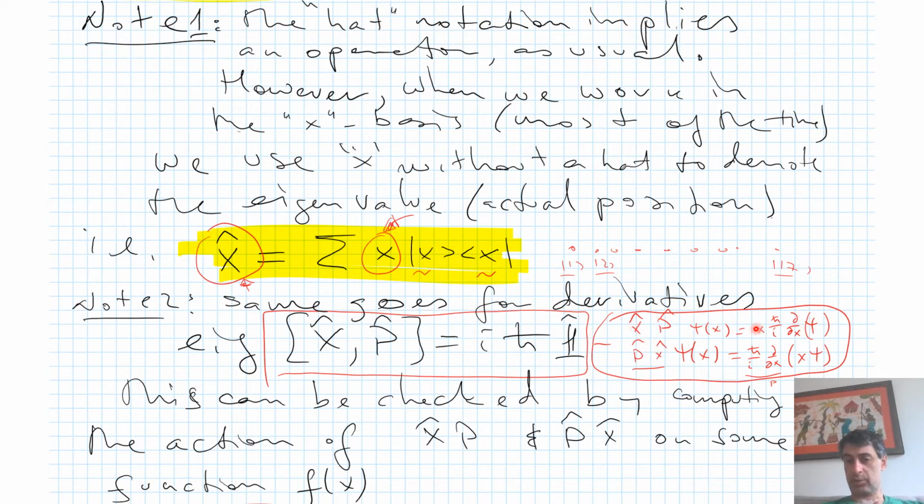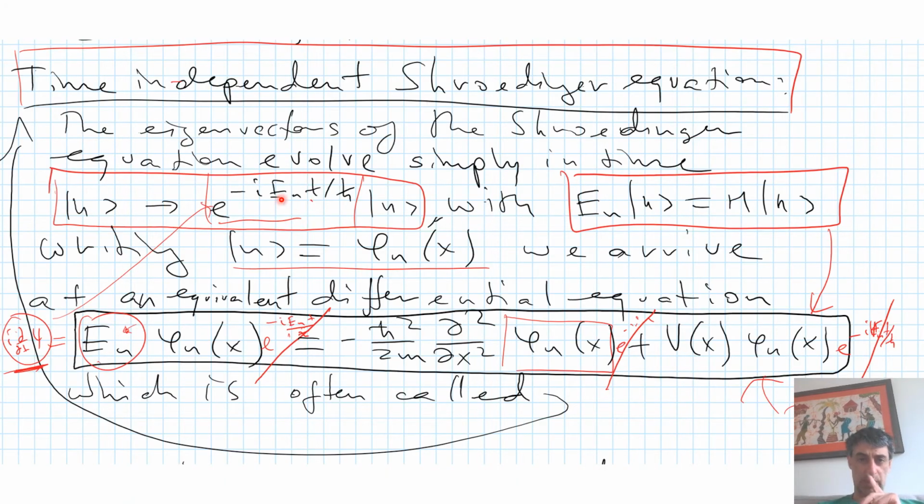Right? x would operate by multiplying things by x, p would be a derivative, and you can see that taking x and multiplying it by a function, so x times the derivative with respect to x, gives you a different result than otherwise, and you know this because there's a multiplication formula for derivatives. You can derive this commutator that way.